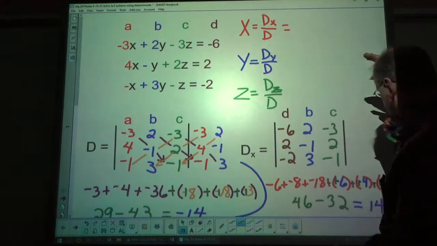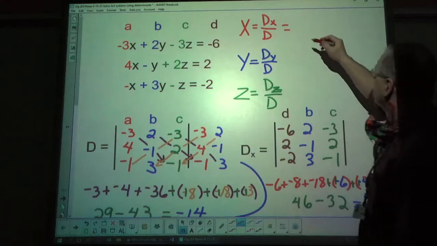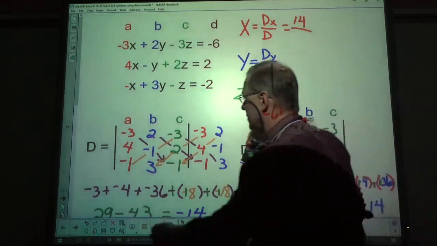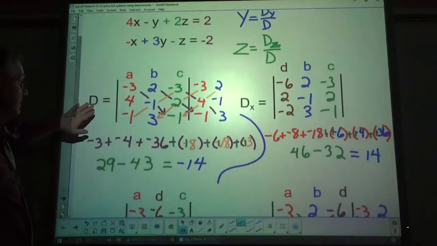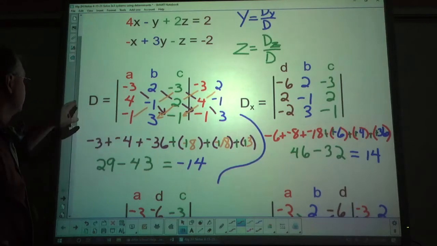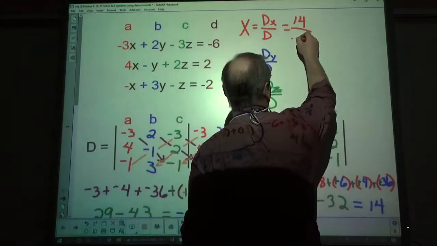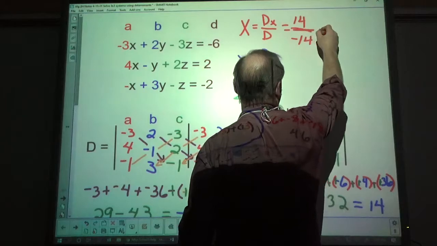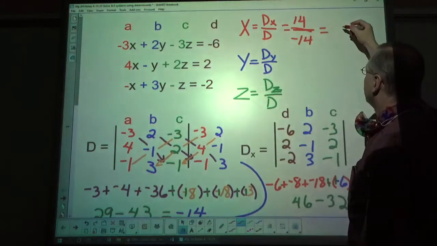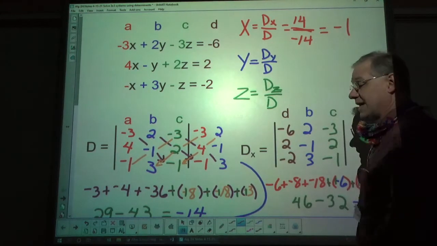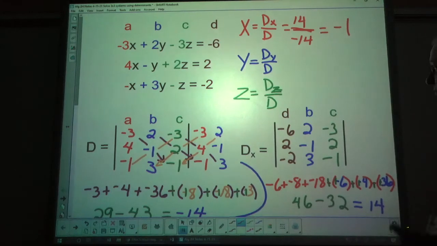D sub x was 14. D alone is -14. And 14 divided by -14 is -1. That's the value of x for our system of equations.